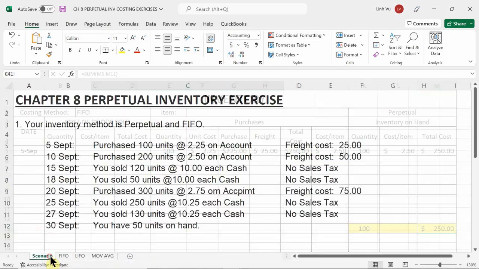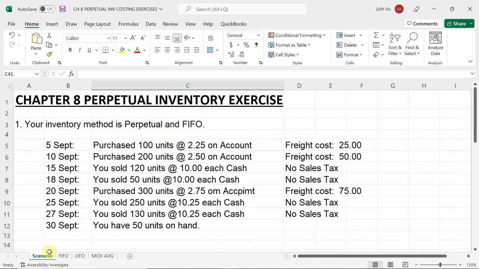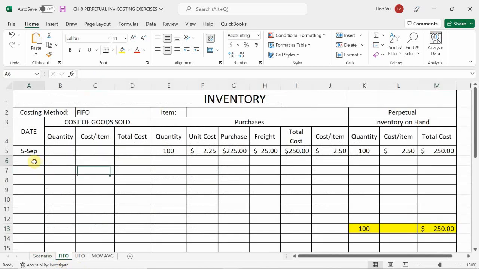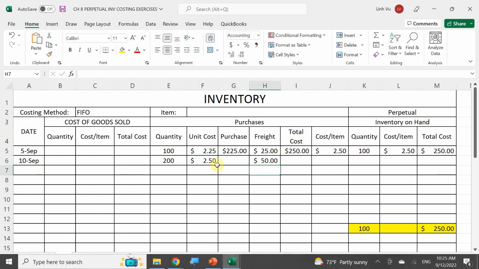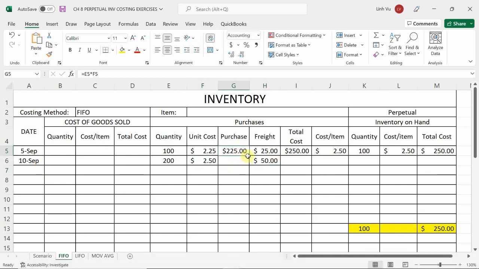All right, so let's see what happened next. September 10, we end up purchasing another 200 units at $2.50 with a freight of $50. So in this case, purchase price, 500, plus 50, 550.